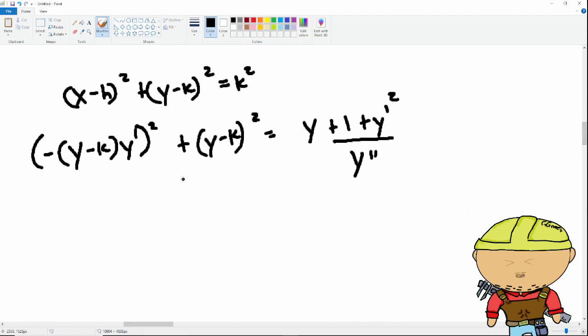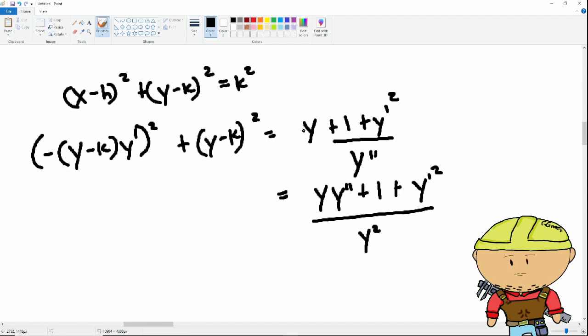For the right side, we just put y plus 1 plus y prime squared over y double prime. Oh wait, that's squared too, because it's k squared on the right side. For this one, we square the insides.